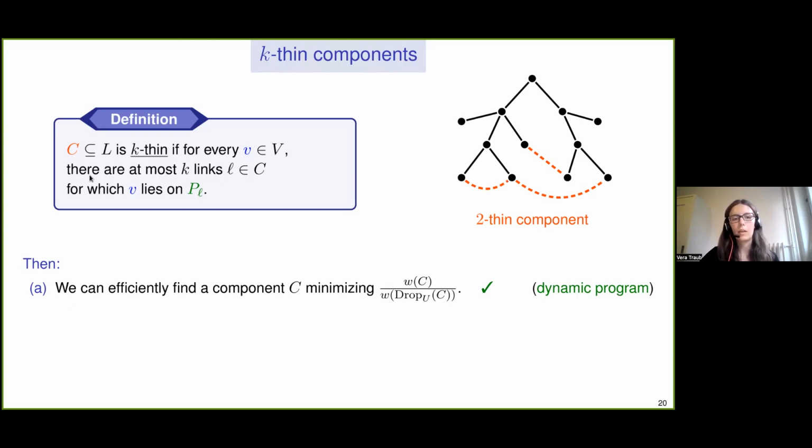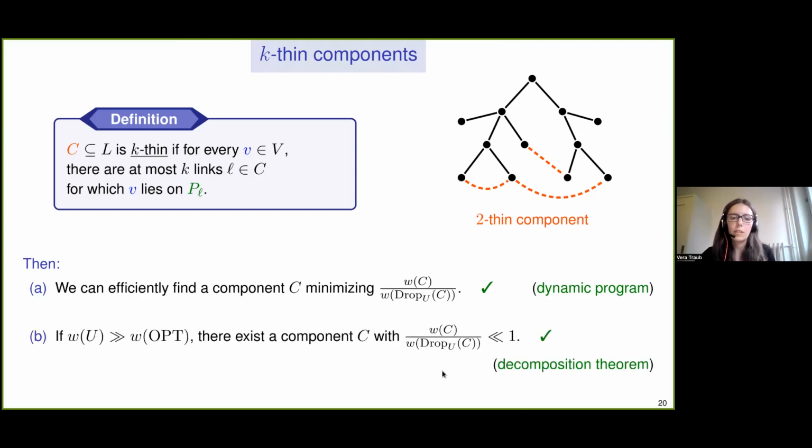And actually, this definition of k-thinness is made in precisely such a way that if you apply some standard dynamic program going bottom up over this tree here, this has polynomial runtime for constant k. So we'll later just choose as components in our algorithm k-thin components for constant k. This is actually not too hard to see. I won't go over details of this, but this is a standard dynamic program, this property A.